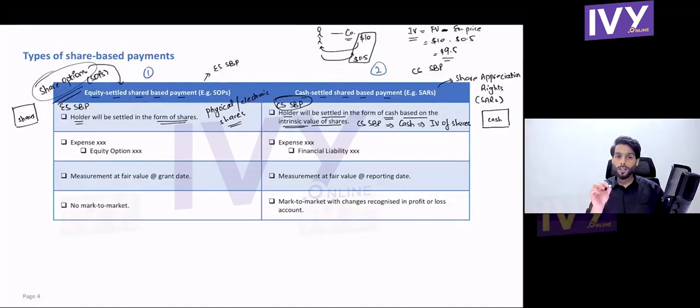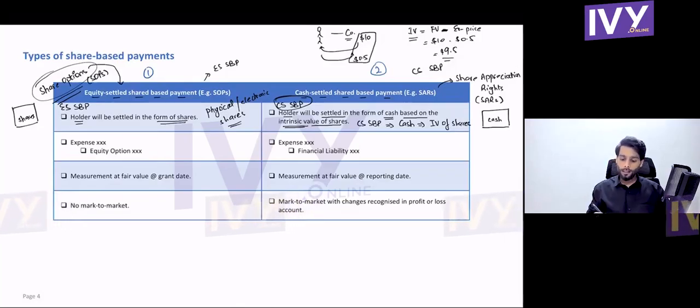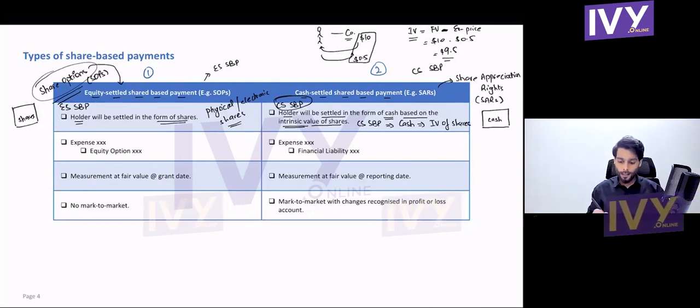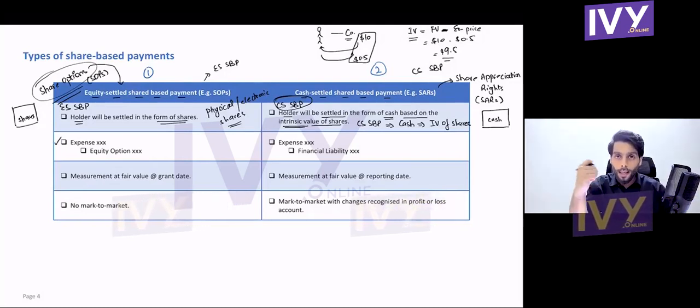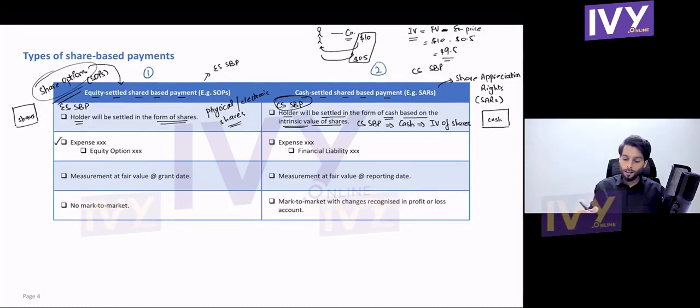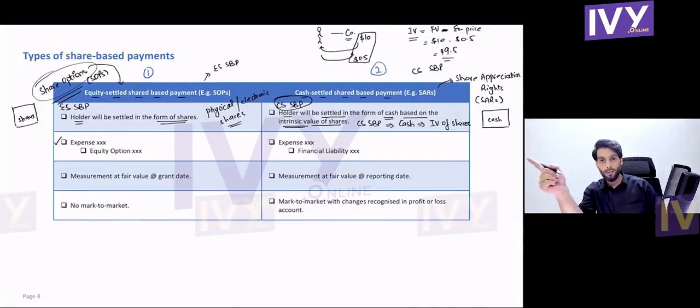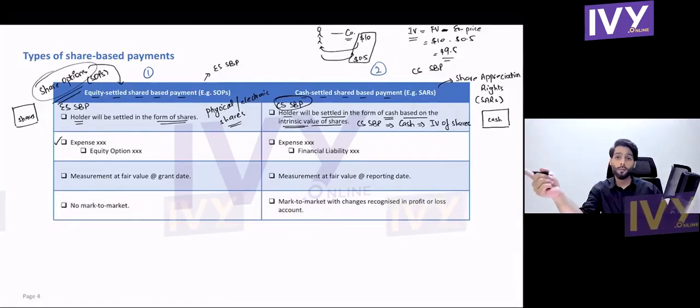If the question is of share options, that is ESSBP, then the entity will recognize an accounting entry. You see, you are paying someone, for example in exchange for employment services. Remember that example, where the employee had to work for 3 years and then would be paid in the form of shares.